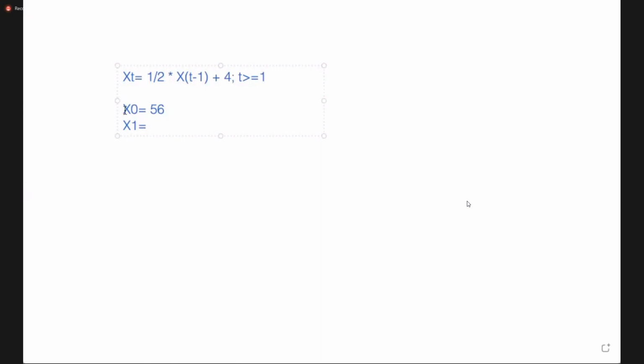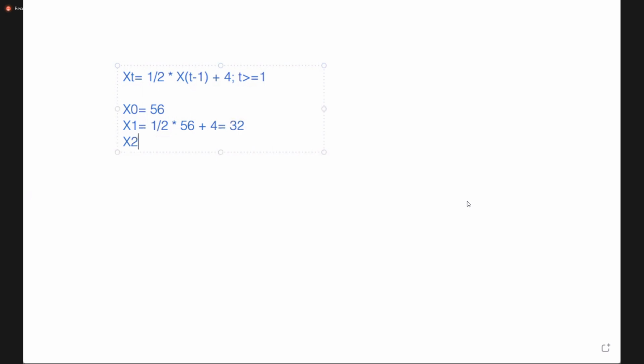So we have x_0. We can calculate x_1 as 1 divided by 2, given by the equation, multiplied by x_{t-1}. x_{1-1} is x_0. Therefore, I'm going to write 1 over 2 multiplied by 56 plus 4. This is 28 plus 4, which is 32.